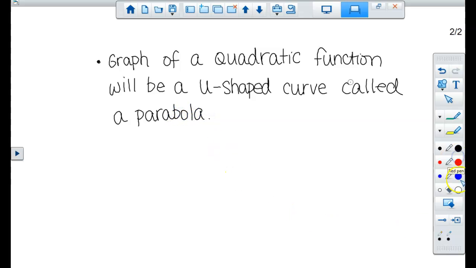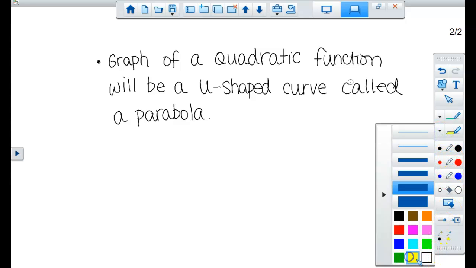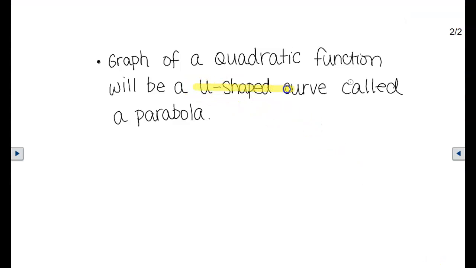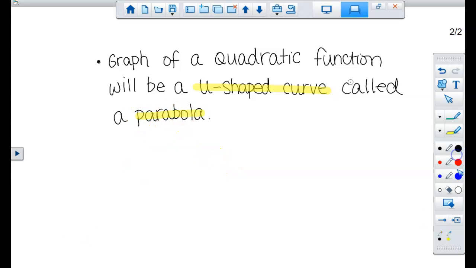So the graph for any of these quadratic functions will look the same. It will be a U-shaped curve, and you call that U-shaped curve a parabola.